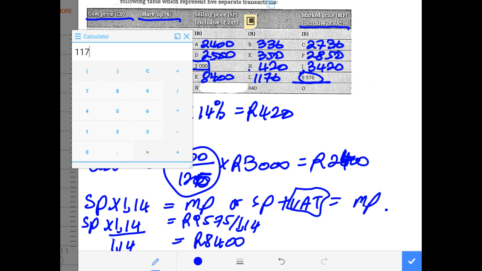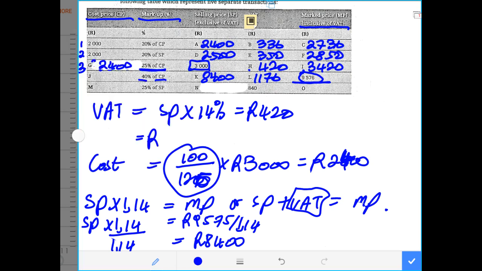At the same time, if we say selling price of 8,400 times 14%, because we know that VAT is 14% of the selling price, we get the same 1,176. So either way we calculate it, we still get the same figures. So now we do have the VAT, we do have the selling price.